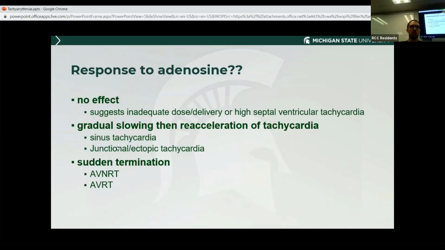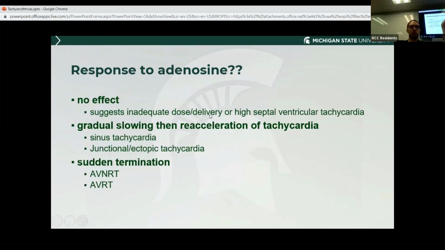So if you gave the 6 milligrams and you don't see anything, give the 12 milligrams. The other thing is high septal ventricular tachycardia. The ventricular tachycardia results from very high in the septum, just above the AV node. You will not have the effect of adenosine, but with no effect of adenosine, you go ahead and give the next dose.